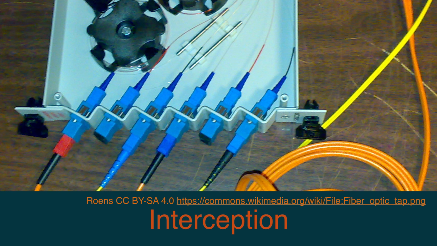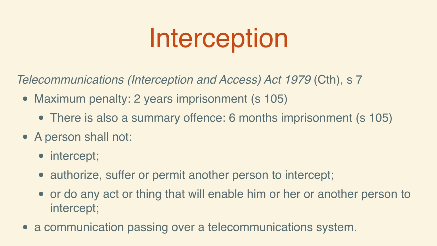The final offence I want to talk about is interception. Interception refers, as the name implies, to unlawfully gaining access to the communications that are passing over a communications network. This offence is not found in the Criminal Code, but instead in the Telecommunications Interception and Access Act 1979 (Commonwealth) under Section 7.